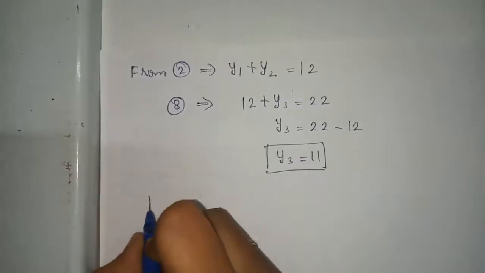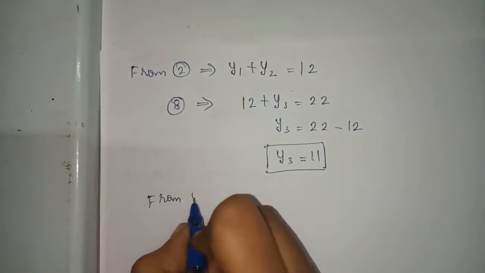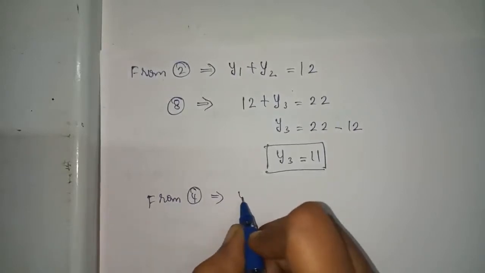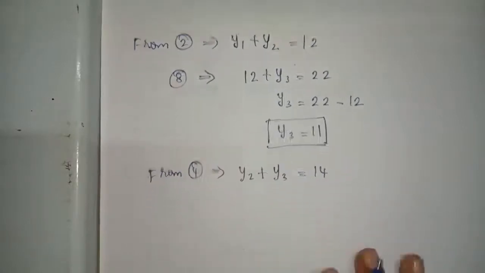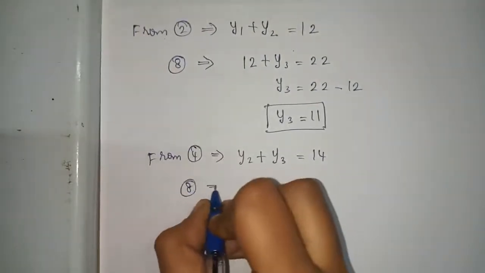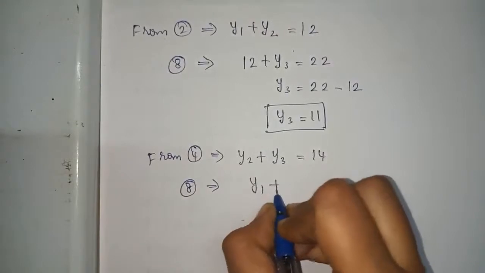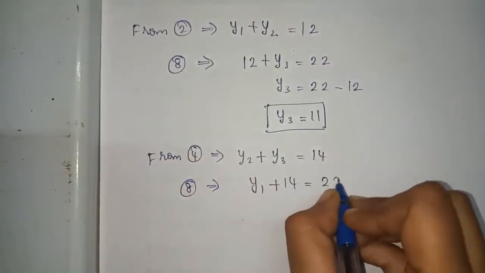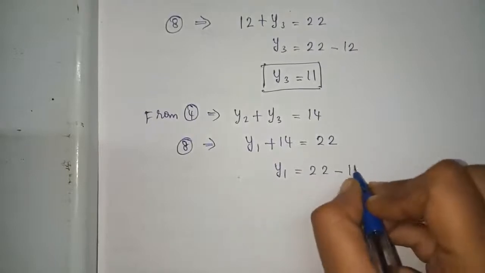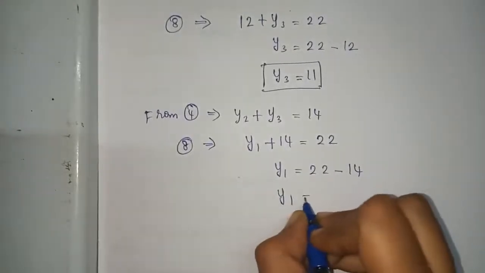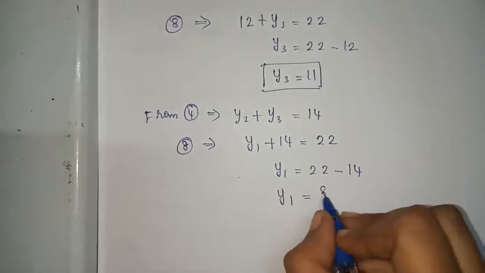Then from equation 4, y2 plus y3 is equal to 14. So equation 8 implies y1 plus 14 is equal to 22. So y1 is equal to 22 minus 14. The value of y1 is 22 minus 14, which is 8.